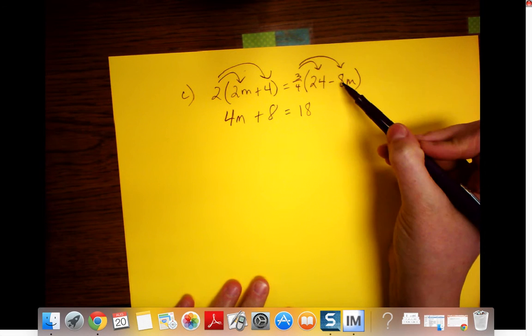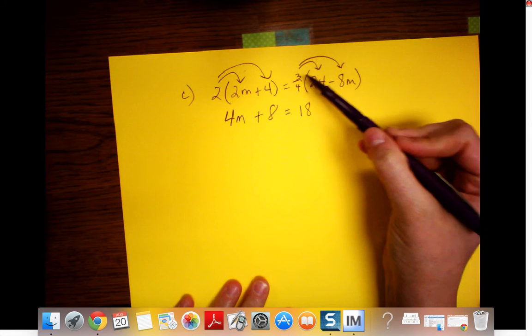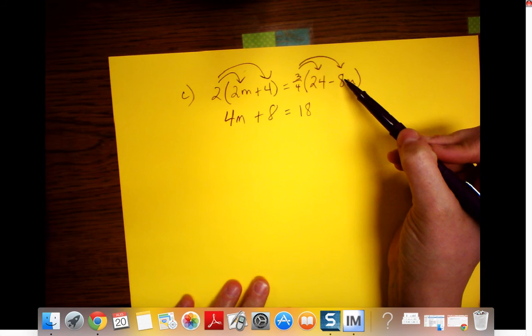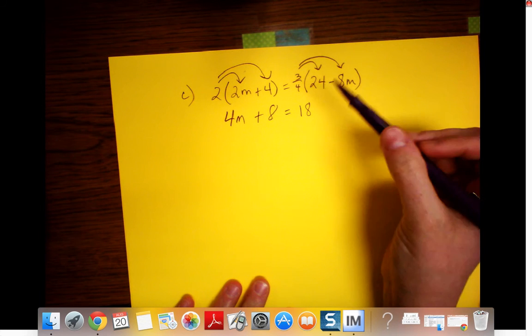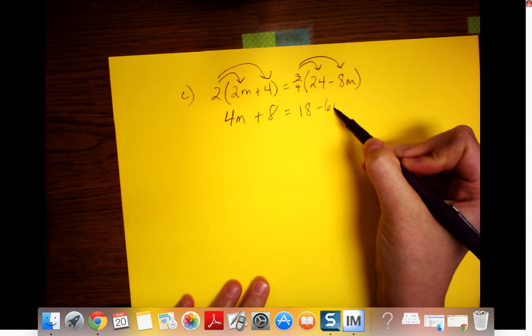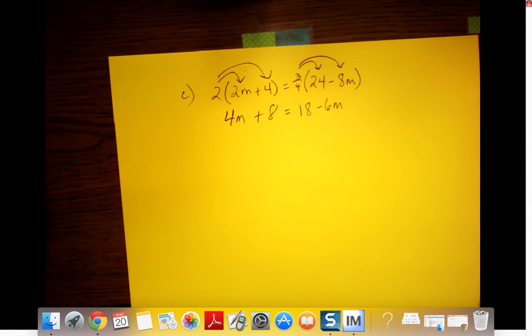And then the same thing with the negative 8. 3 times negative 8 is negative 24. Divided by 4 is negative 6. And I'm going to check that with my calculator. 3 times 8, yeah, divided by 4. 6.